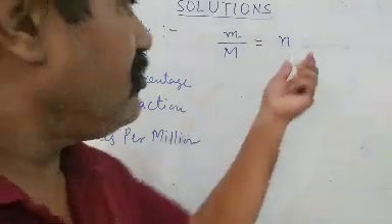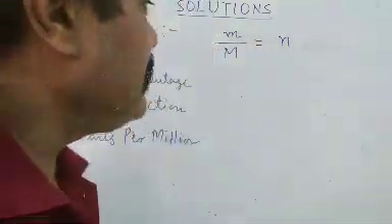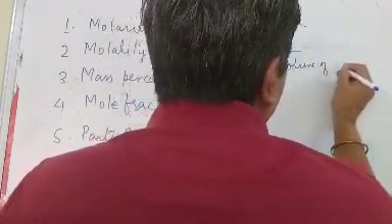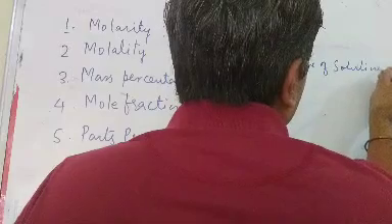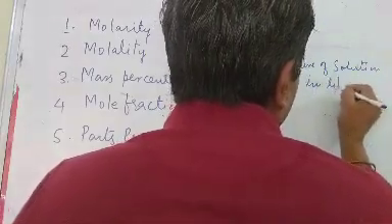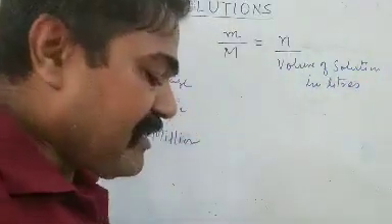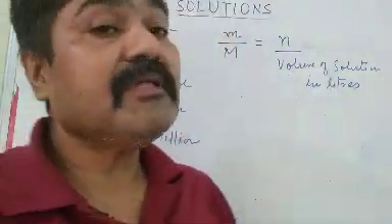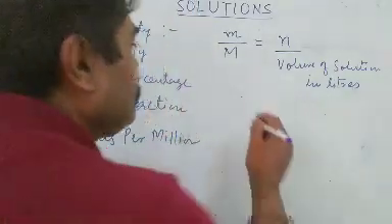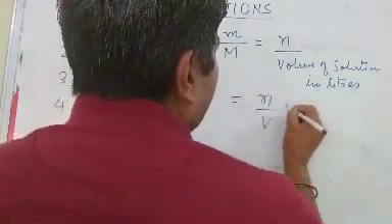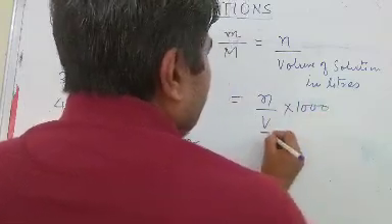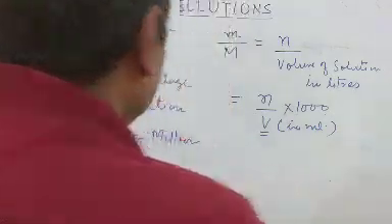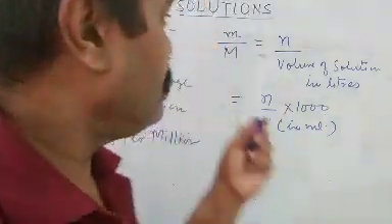Now this is divided by the volume of the solution in liters. If we take the volume of the solution in milliliters, then this will be n upon V multiplied by 1000, with V in mL.